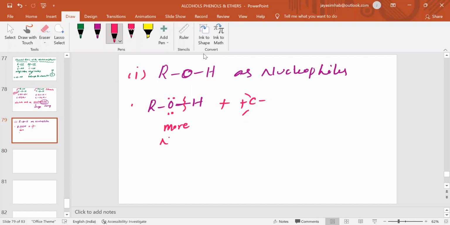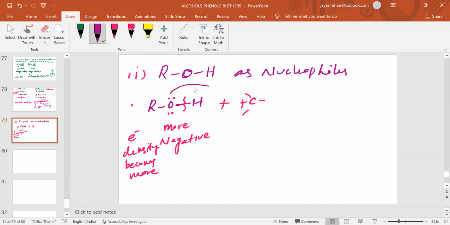So automatically it will try to search for a positive charge center.